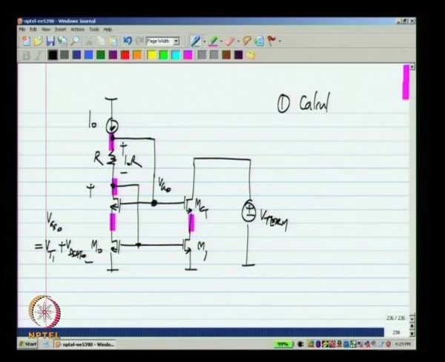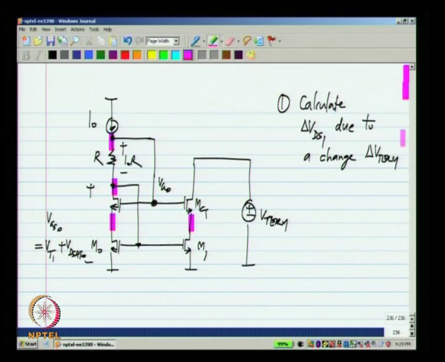So, calculate the change in VDS1 due to a change delta V term. This is quite a simple calculation. You should be able to use small signal techniques to do this, and you can see whether my assumption of this VDS being exactly the same as that is justified or not.